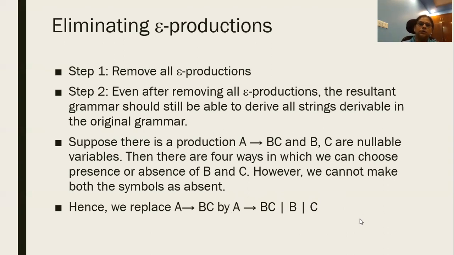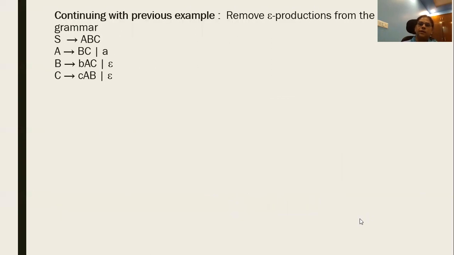So let us see the example further. We have already identified the nullable variables here. Nullable variables are S, A, B, C. Now the production S derives ABC, all A, B, C are nullable.